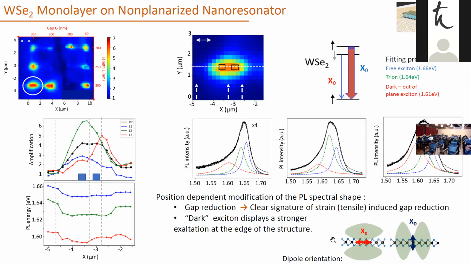The other interesting thing that we see is that if we look at the edge of the antenna, the amplitude of the red Lorentzian corresponding to the dark out-of-plane exciton is very strongly enhanced. And that's interesting because the dark exciton dipoles stick out of the plane, so the emission should be in the plane.